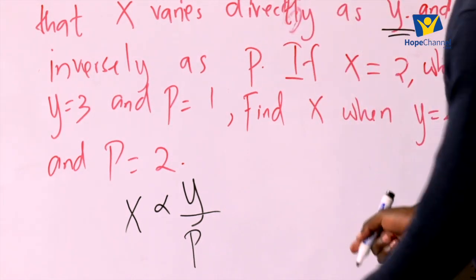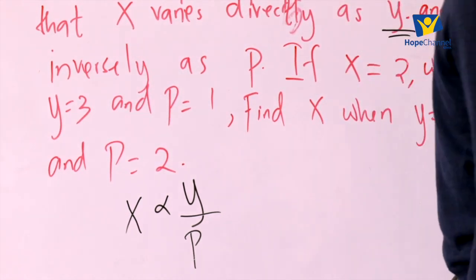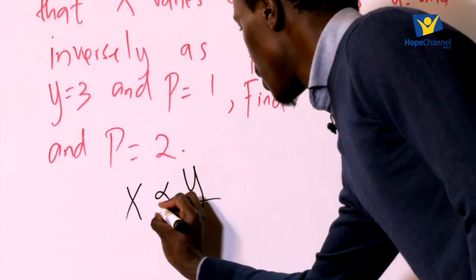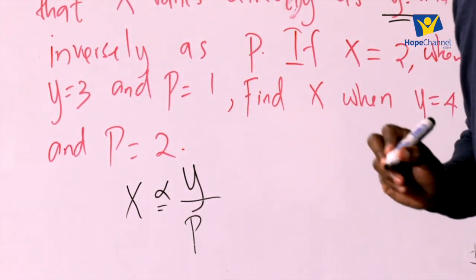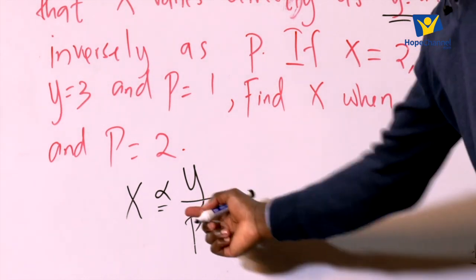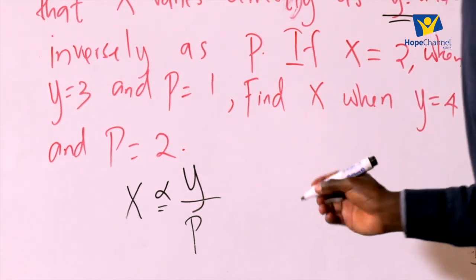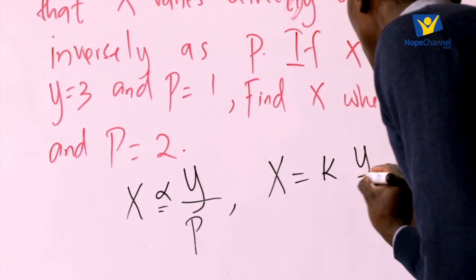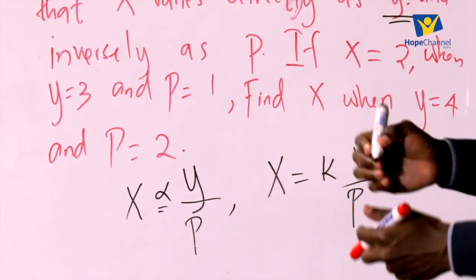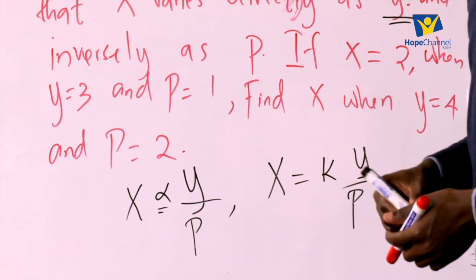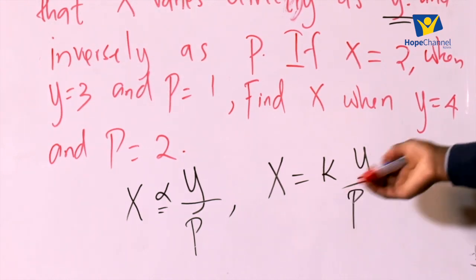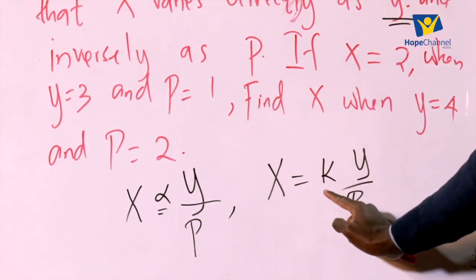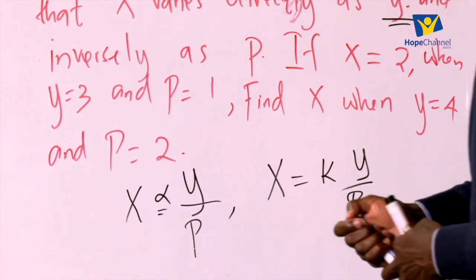Now by saying inversely, we'll divide y by p, and then we introduce the constant of proportionality, so that we do away with the sign of proportionality. That gives us x is equal to k y over p. So by doing that, we are now going to substitute for x, y, and p, so that we can be able to get this k here.